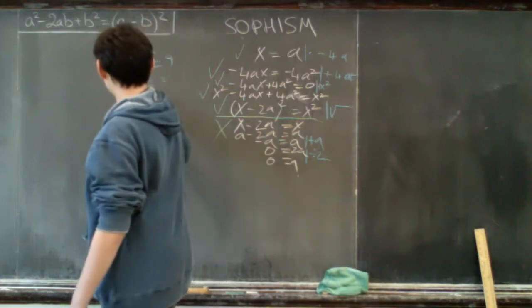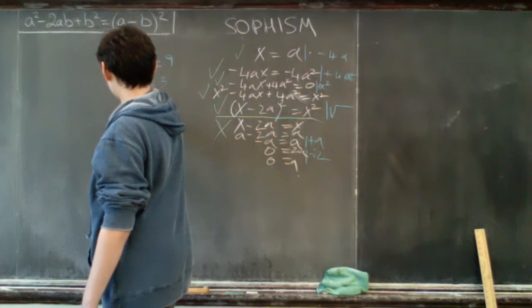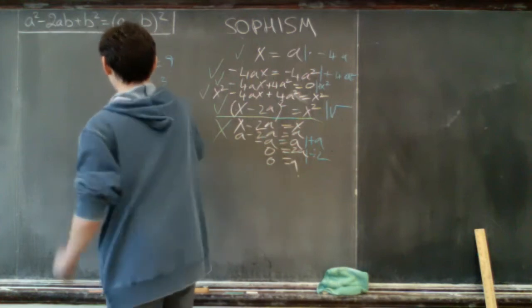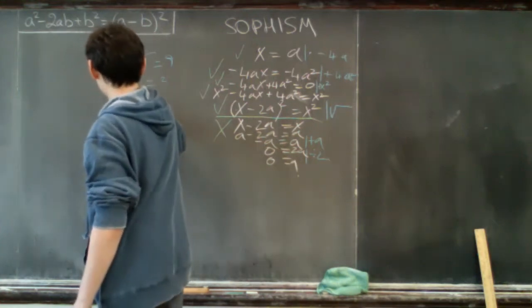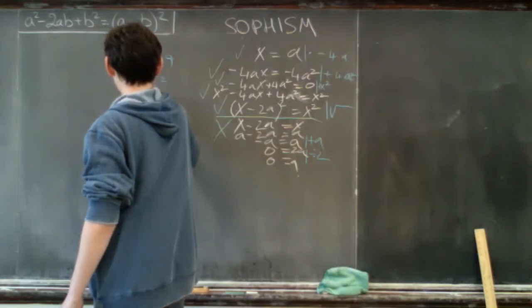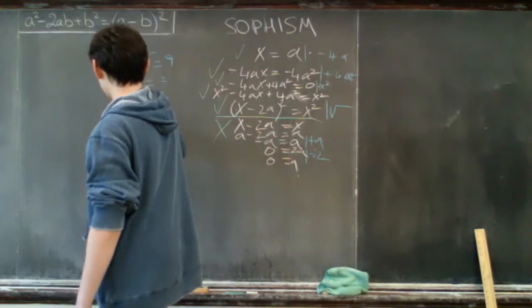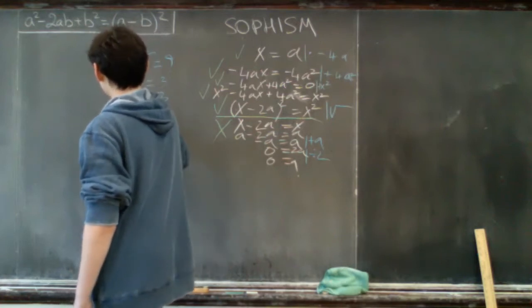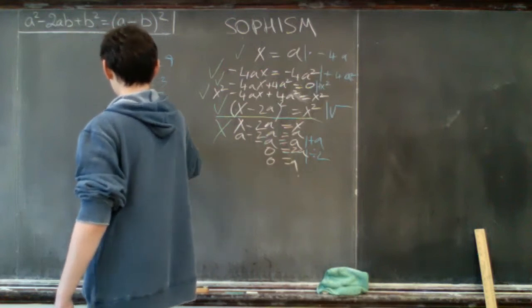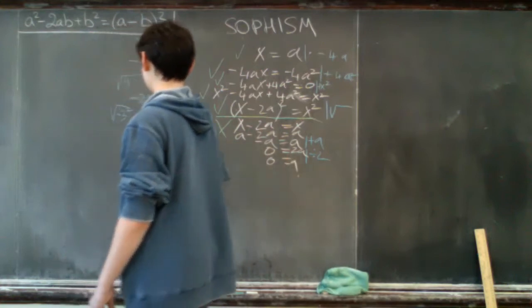And obviously, -3 is not 3. So what that proves is that the square root of a number squared does not equal the original number.